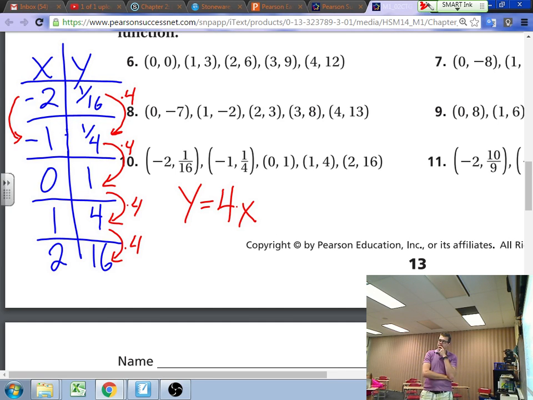It's 4x plus 1, because x is 0 when y is 1. The only thing we have to check then is when I plug in x being -2. This turns into 4 times -2, so -8 plus 1, that'd be -7. That doesn't give me 1/16. So that doesn't actually work out, even though we see that the change happening to my y is it's multiplying by 4.